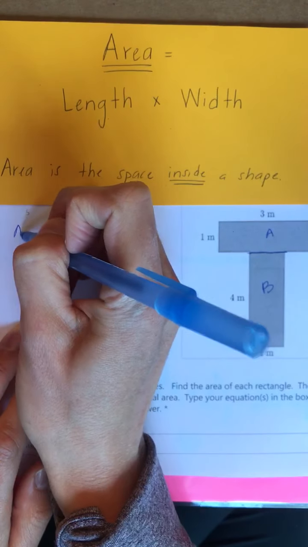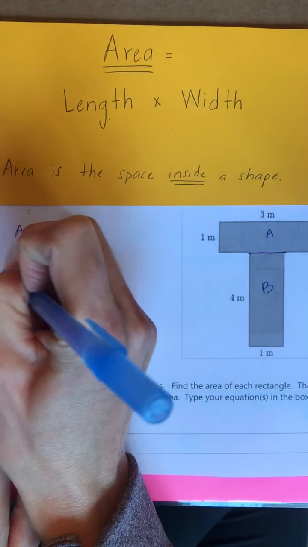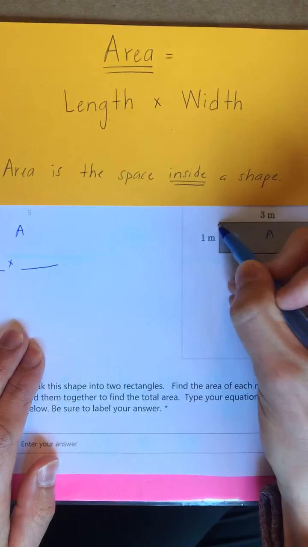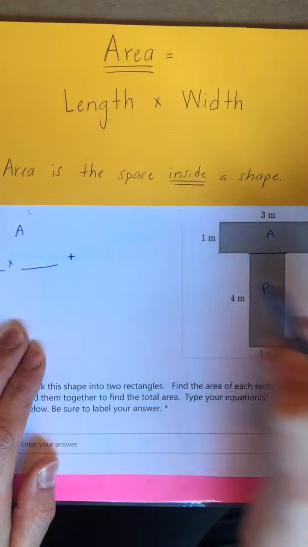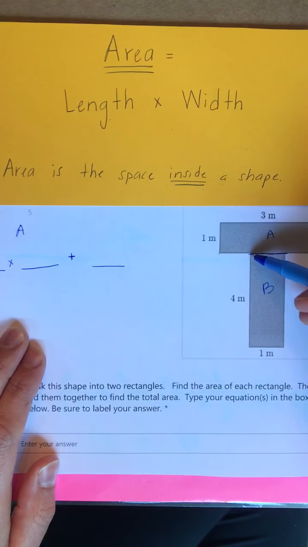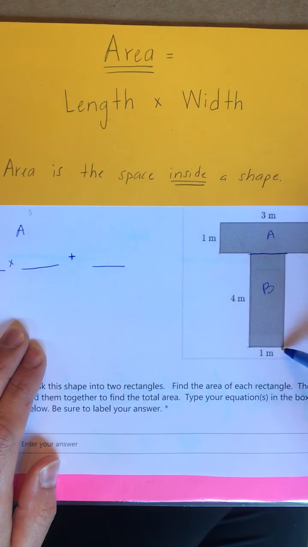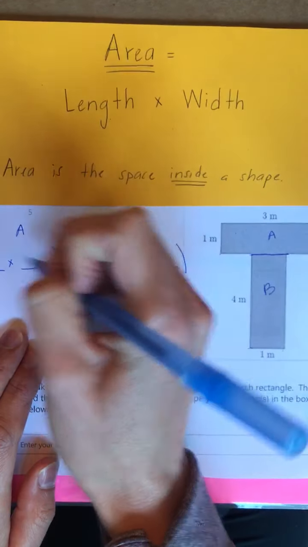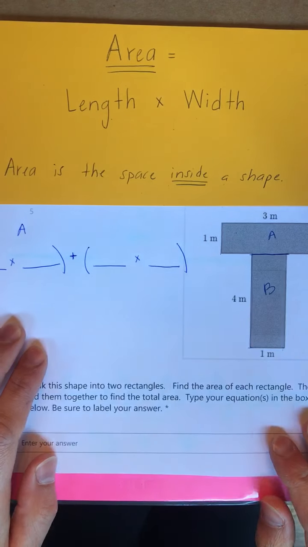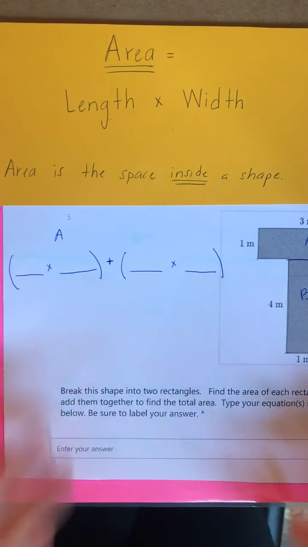Find the area of A for me, right? What times what? Length times width. Then I want you to find the area of B. What's the length and what's the width? When you're done with that, press play.